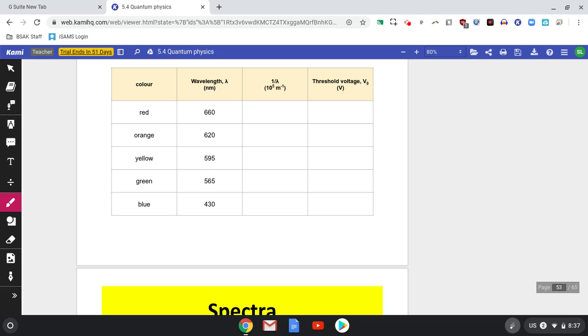The reason is when we come to plot it in Desmos, like I said in the previous video, plotting really, really small numbers against normal numbers in Desmos makes it impossible to find the gradient. Okay, so values of 10 to the 5 m to the minus 1 for your 1 over lambda, please. And that should give you a pretty nice graph in Desmos.